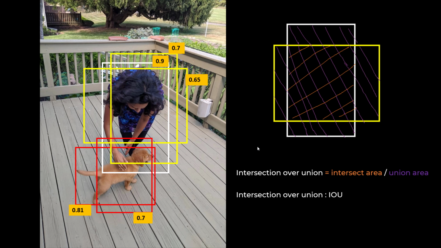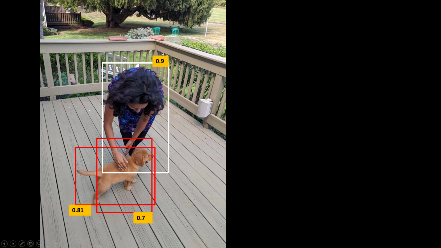I do this for a person object, then I do the same thing for a dog object. So for dog, I find that 0.81 is the max probability. I find all other rectangles in this image. Again, there could be two more dogs here, and there will be rectangles for those also. So you will try to find overlap. If there is a dog here, you will not find overlap, so you will not discard that particular rectangle.